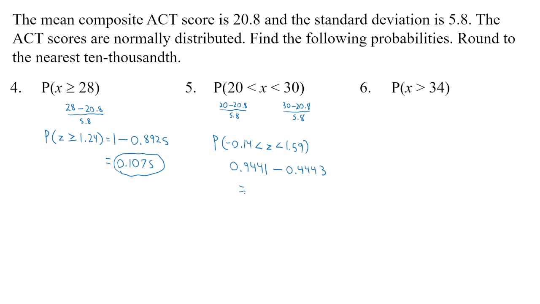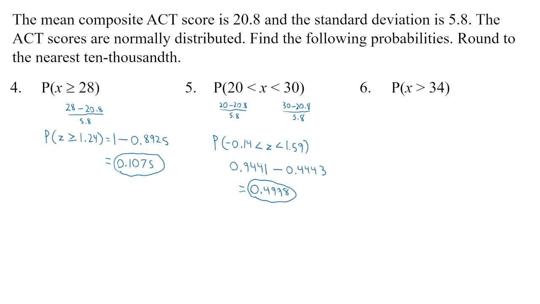And you would get 0.4998. So the probability of scoring between 20 and 30 on the ACT is 0.4998.